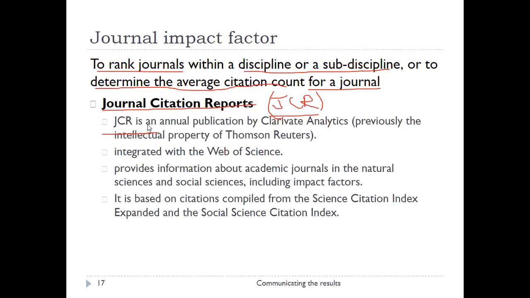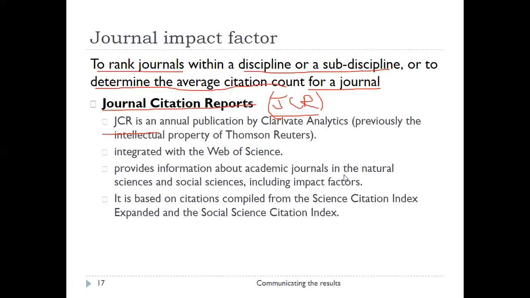Now, the JCR is annually published by Clarivate Analytics, previously by Thomson Reuters, integrated with Web of Science. The JCR data is extracted from the journals published in Web of Science, and the research articles cited in the Web of Science journals. Only that is covered, and the data will be taken from that, and we will get the Journal Citation Report.